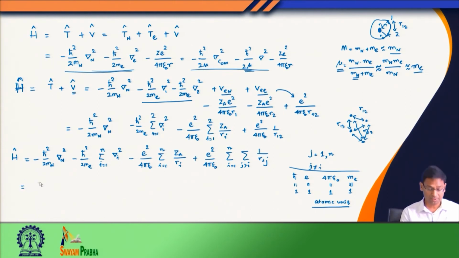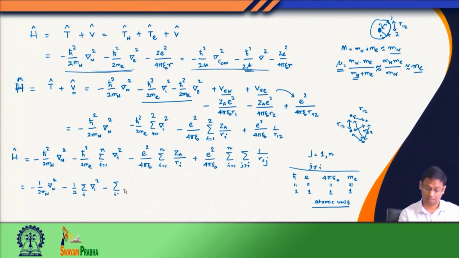So, when I write down the first term, h bar square is gone. I have 1 over 2 m n, the Laplacian of the nucleus, minus 1 over 2 the Laplacian of electrons, because h bar is gone and mass of electron is gone. The e square divided by 4 pi epsilon 0 terms are gone.